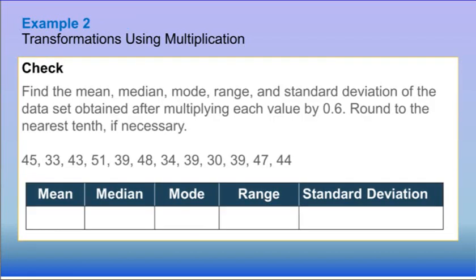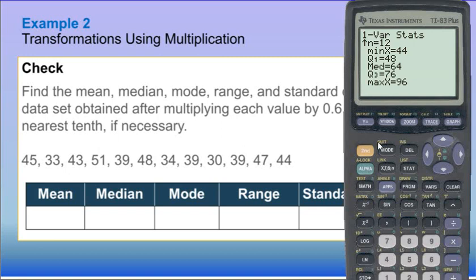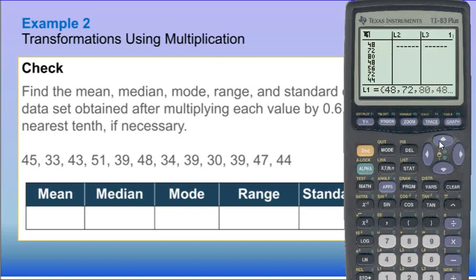Next, find the mean, median, mode, range, and standard deviation of the data set obtained after multiplying each value by 0.6. Round to the nearest tenth if necessary. So let's put this into our calculator. We're going to hit stats, edit, clear.